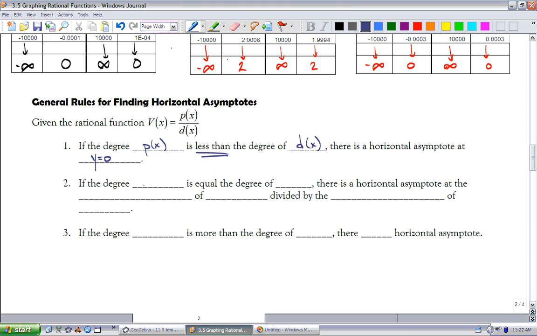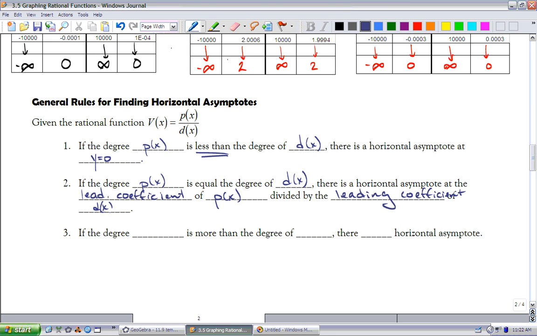If the degree of p of x, which is the numerator polynomial, is equal to the degree of d of x, that's the polynomial in the denominator, there's a horizontal asymptote at the leading coefficient of p of x divided by the leading coefficient of d of x.